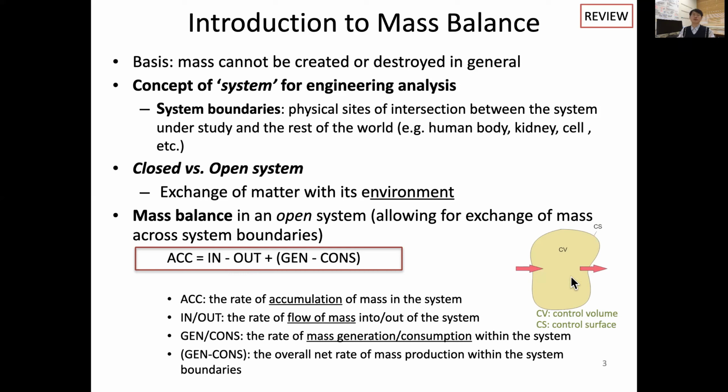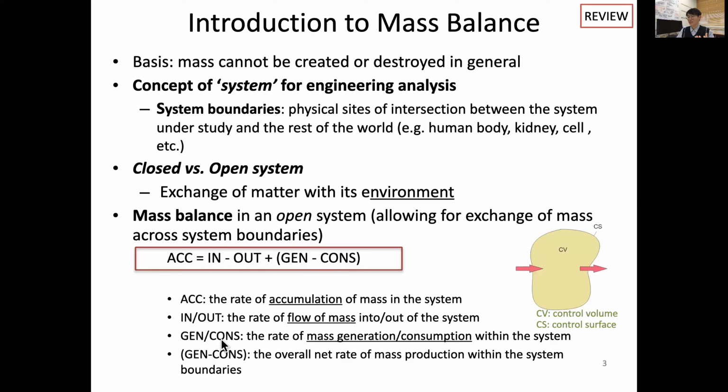And also something we can consider is what if that particular quantity can be created inside the system. Mass may not be the right case, but depending on what our interest is, for example, heat can be generated within the system, or heat can be lost within the system. So we put that as generation minus consumption.